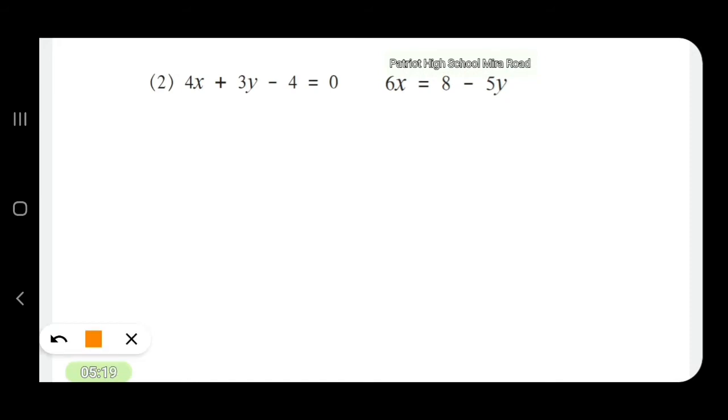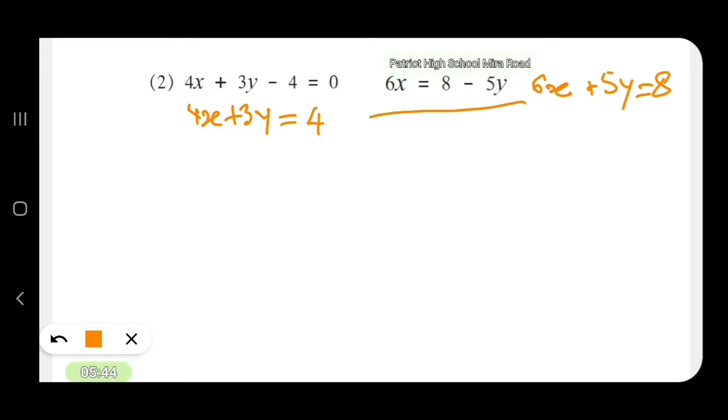Example 2. We will rewrite it. So in the standard form, it will be 6x plus 5y is equal to 8. And this in the standard form will be 4x plus 3y is equal to 4.